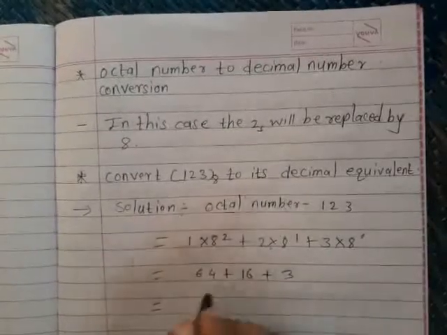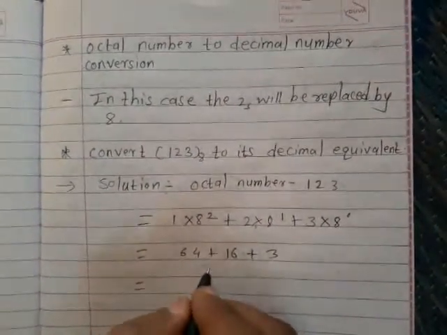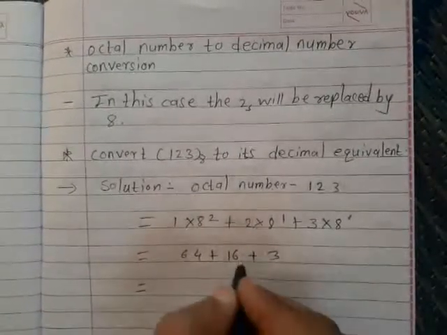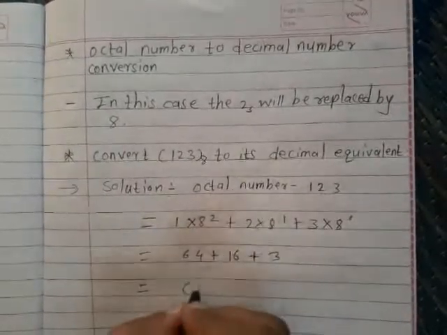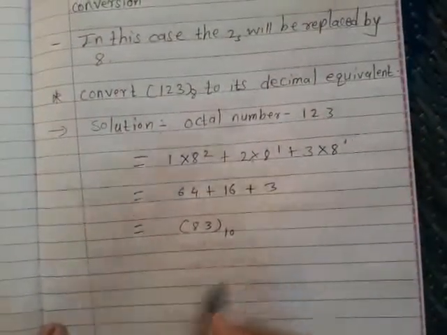Now see, 64 plus 16, 80 plus 3 means 83 base 10.